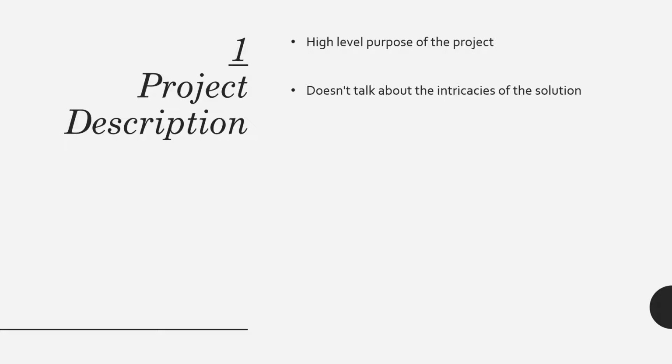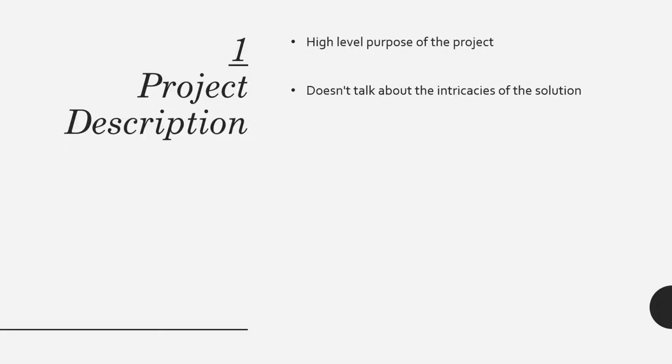Let's say you are a project manager and the project is to construct a 50 floor building. The project charter will simply mention that this project aims to construct a 50 floor building. It is not going to talk about the solutioning.